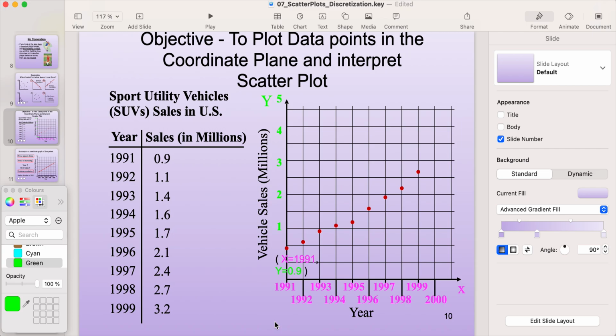Okay, so that's why the first point is in the location that it is.